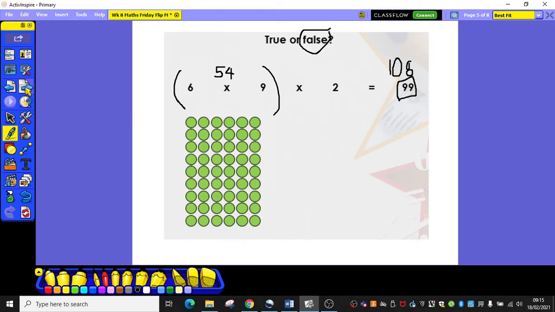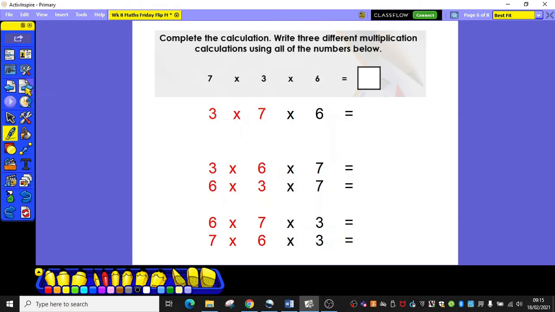Let's take our understanding on a bit further. Now, the question says, don't worry too much about what I've written underneath. I've done that to try and help us with our understanding. Complete the calculation. Okay, so we're just looking at this calculation here. Then it says, write 3 different multiplication calculations.